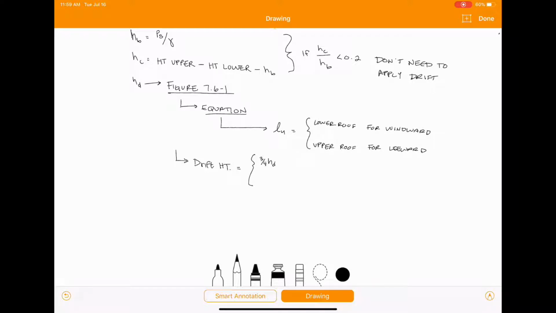Again, that's for windward. And HD for leeward. And once you get to this point, you can usually compare these two values, and whichever is greater is going to be the HD that you use for design.